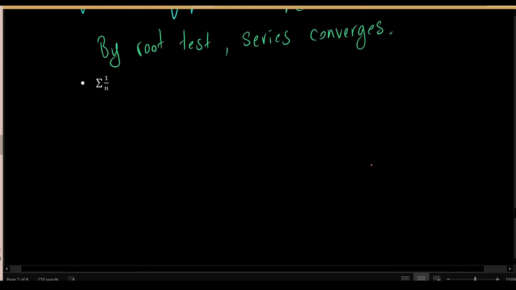Alright, what about our friend 1 over n, the harmonic series? We already know from integral test / p-series test that this series must diverge. But could that conclusion also be made using root test?